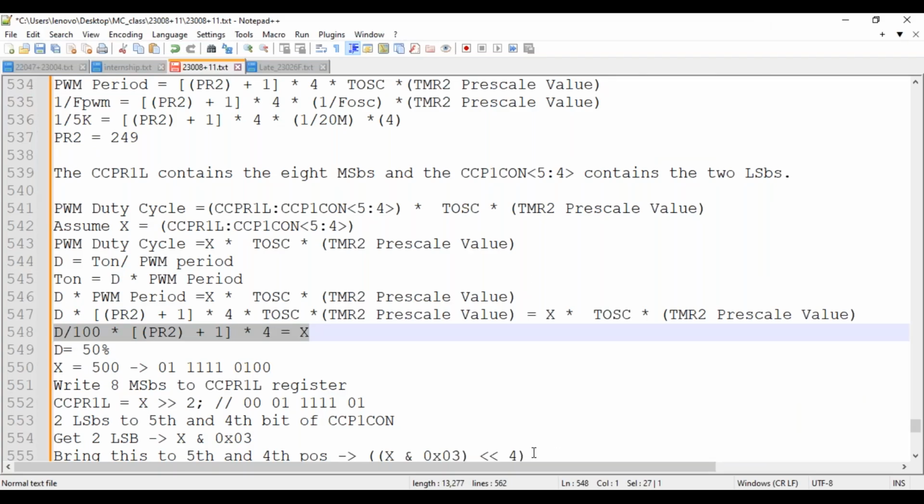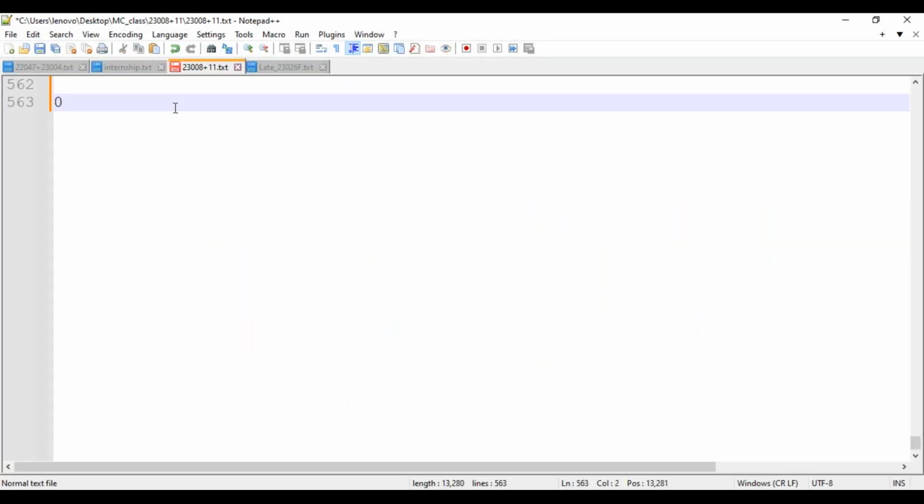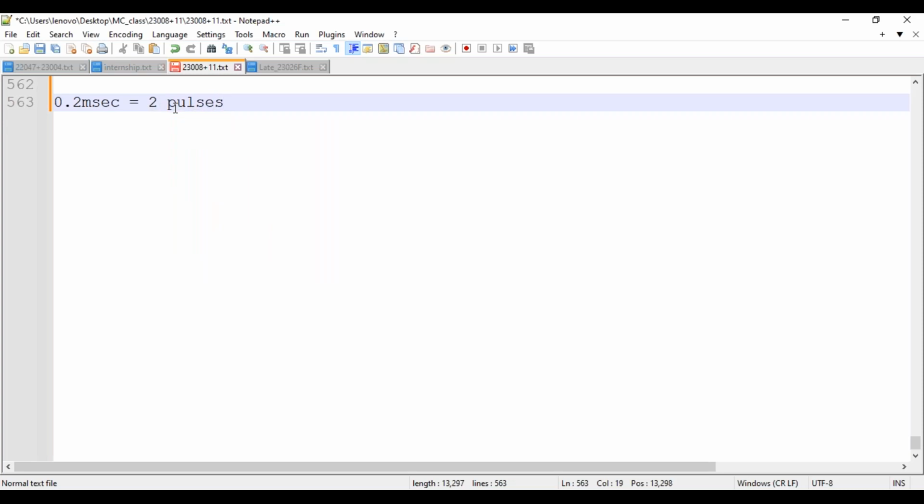In 0.2 milliseconds, one pulse gets generated.